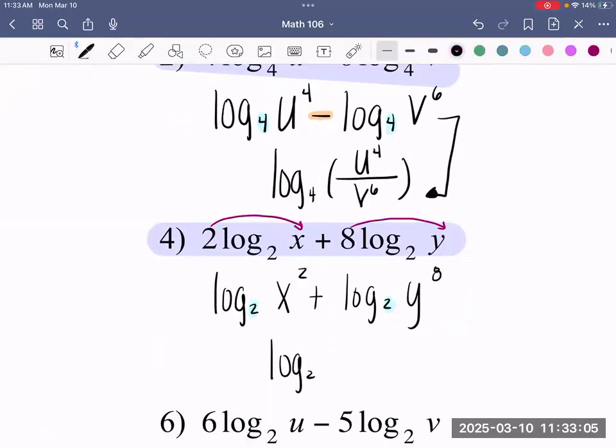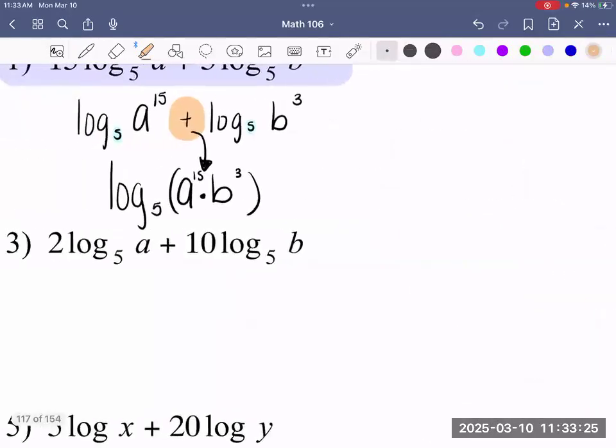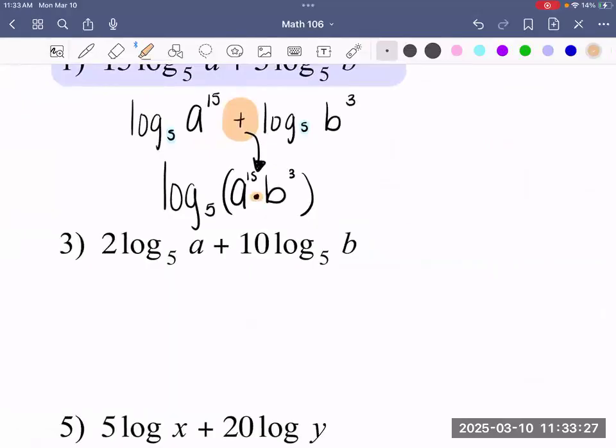And now we're going to try to combine these values. So we have an addition sign, which turns into multiplication. So it's the multiplication between x squared and y to the 8th. Just like you had your division here, this is multiplication, that addition, multiplication.